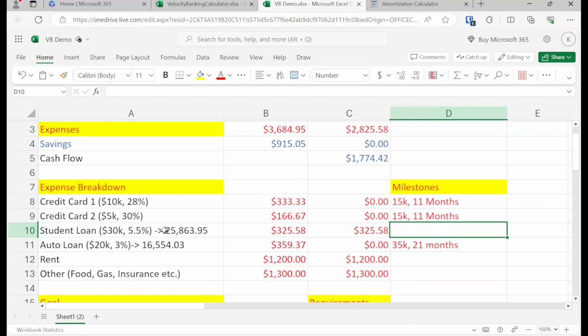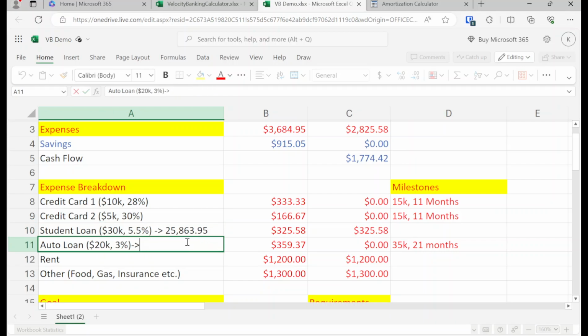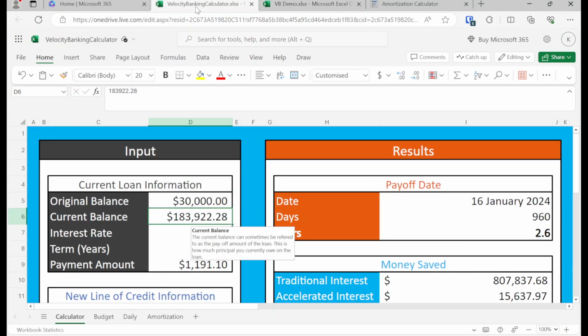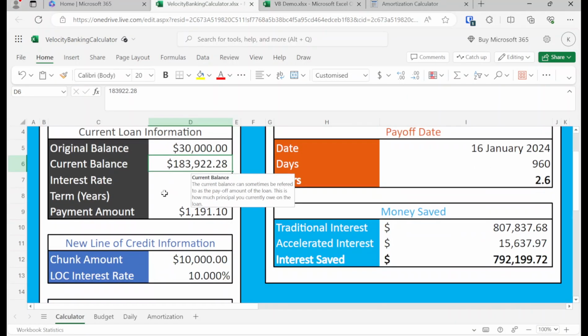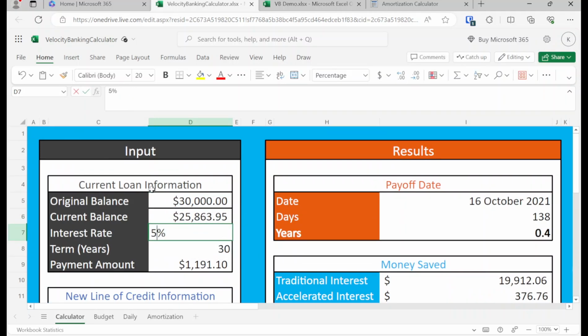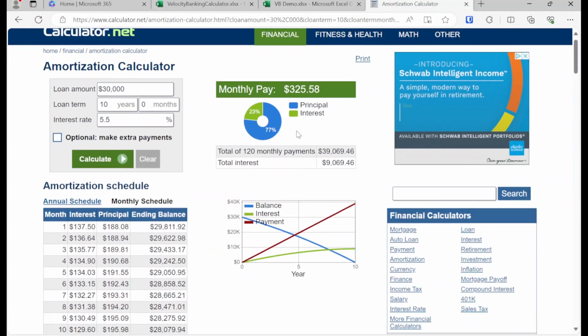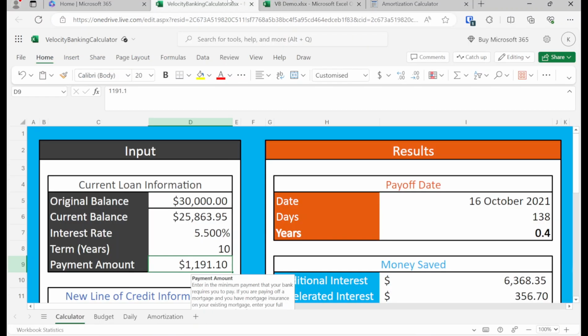It's 25 grand, 25,863. Let me actually erase this. Okay, so now this is the current balance. The interest rate is, I think, 5.5, 10 years, and what's the payment amount? It's 325.58.